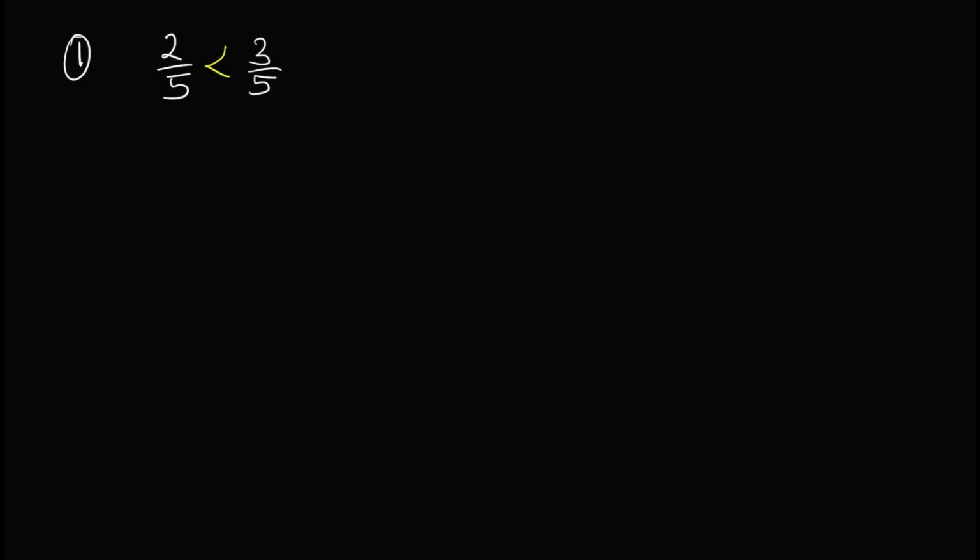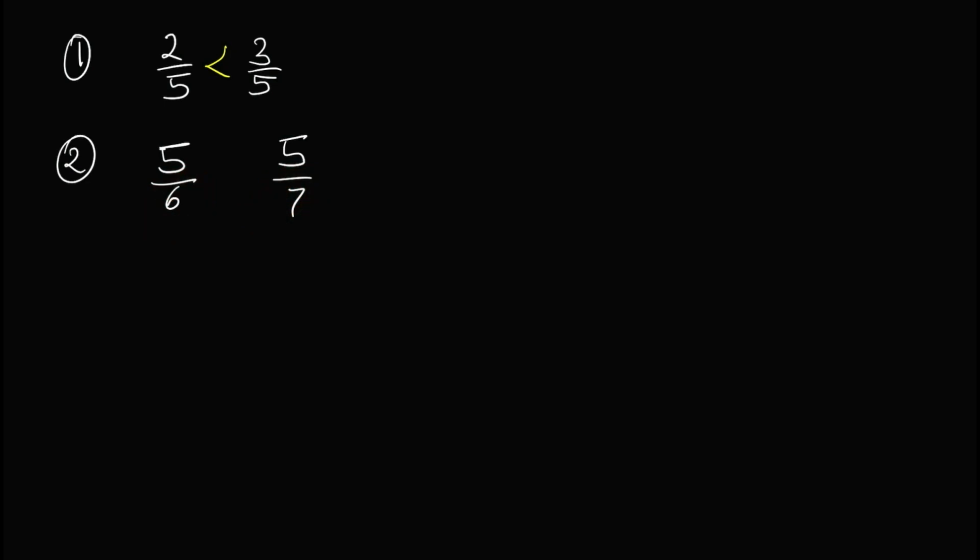This is the first example, and here I will write the second: 5/6 and 5/7. Here you can see that the denominators are different. How can we tell which fraction is greater? Here the numerators are the same, so we need to compare the denominators.